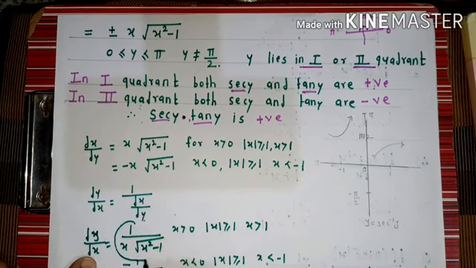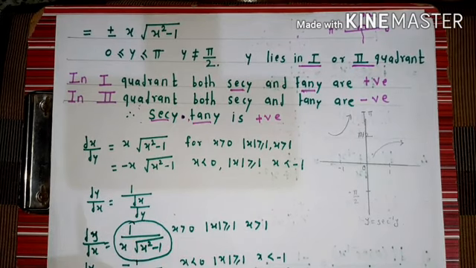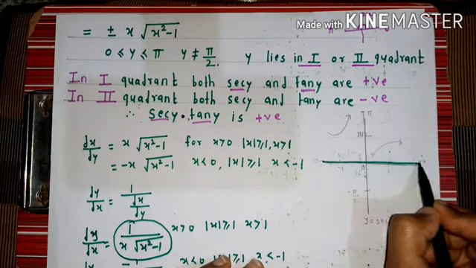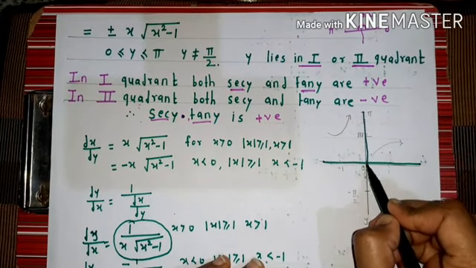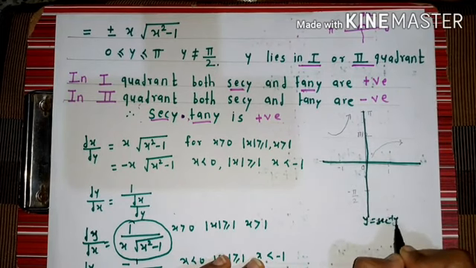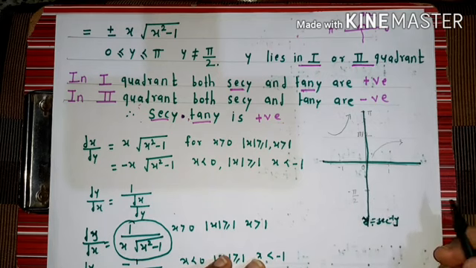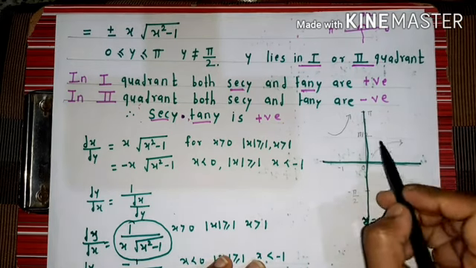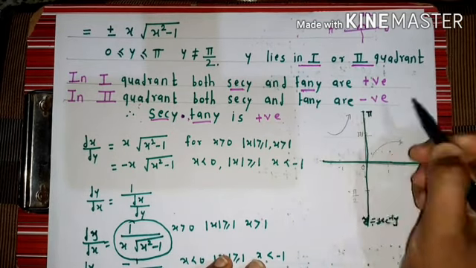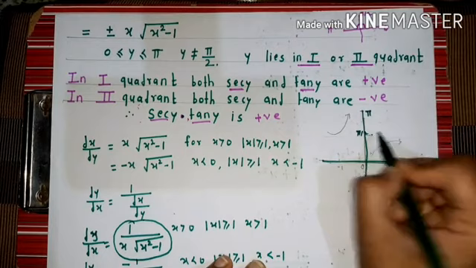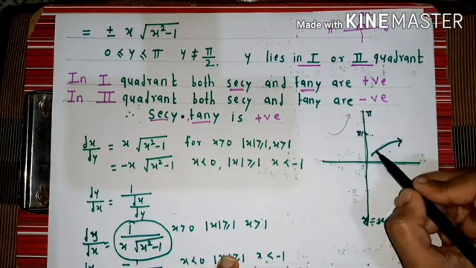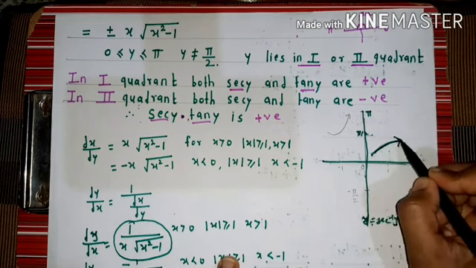We consider it always positive, because if we see the graph of this, suppose this is the graph y equals sec inverse of x, with positive x-axis, negative x-axis, and on the y-axis pi by 2.